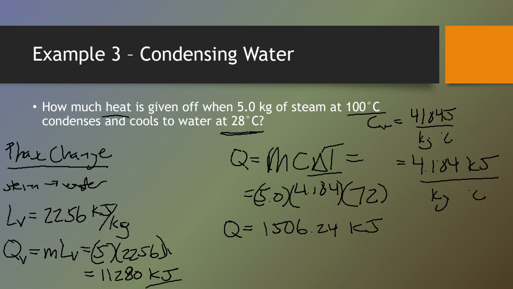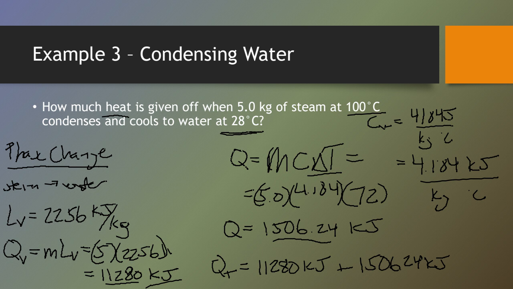And so the total heat is just the sum of these two values. So the phase change plus the heat required to change the temperature. And we find the total heat to be, did I add the two up?